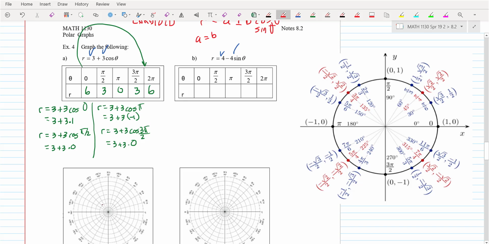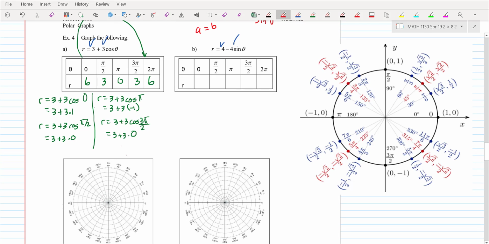I always recommend that you put them in the order that they're in. So the first one is theta is 0. You go out to the 6th radius, 1, 2, 3, 4, 5, 6. So that's point number 1. Point number 2, you go to pi over 2, and then you go up 3, like that.